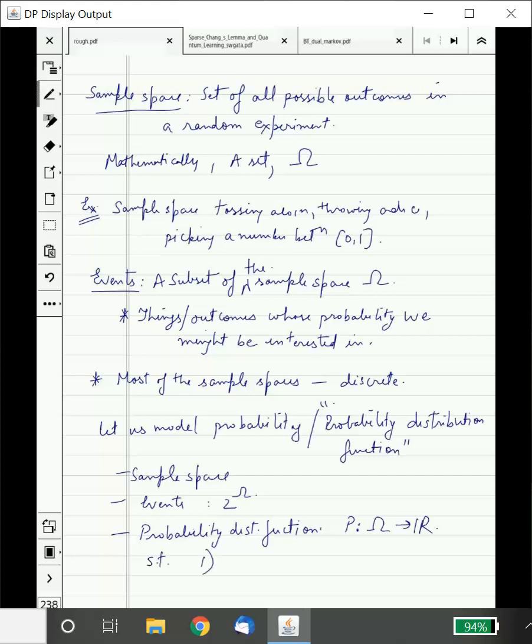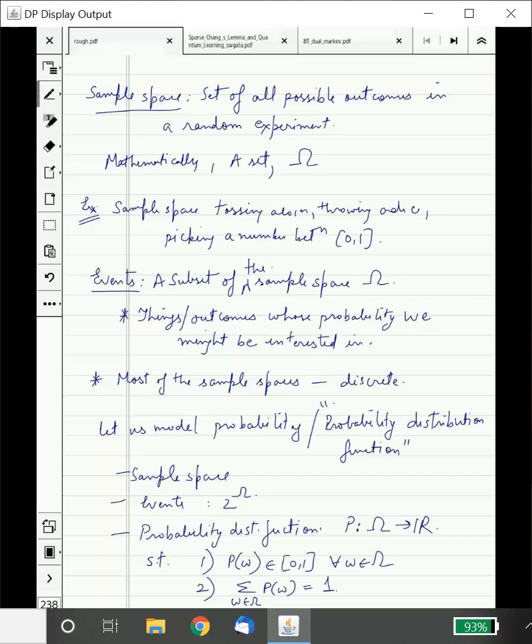One, the probability of any element in the sample space should be at least 0. And second important thing, if I sum this probability over all elements of the sample space, then it should come out to be 1. So any such function is a probability distribution function.